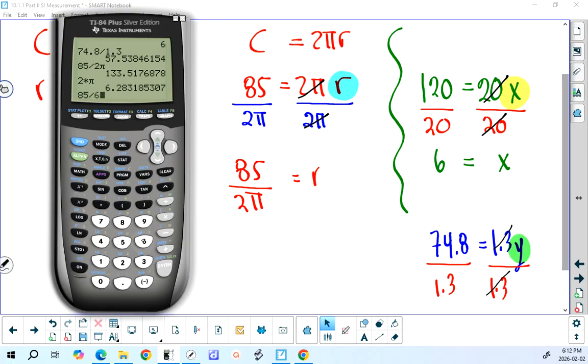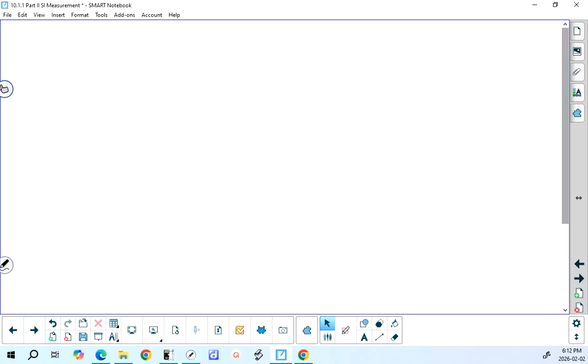But in the meantime, I'm just going to type 6.283185307. If I take 85 divided by that number, I sure as shootin' don't get 133.5. I get 13.53 approximately.